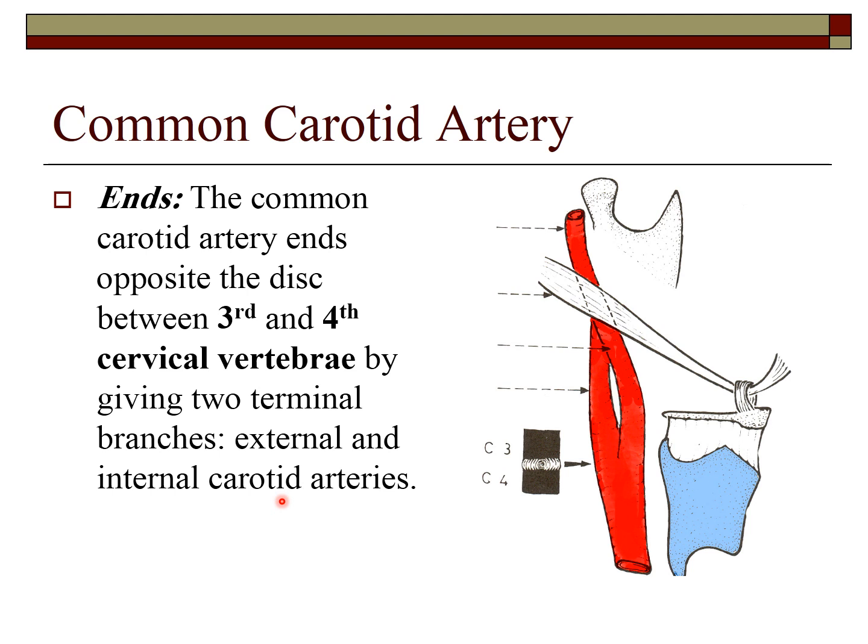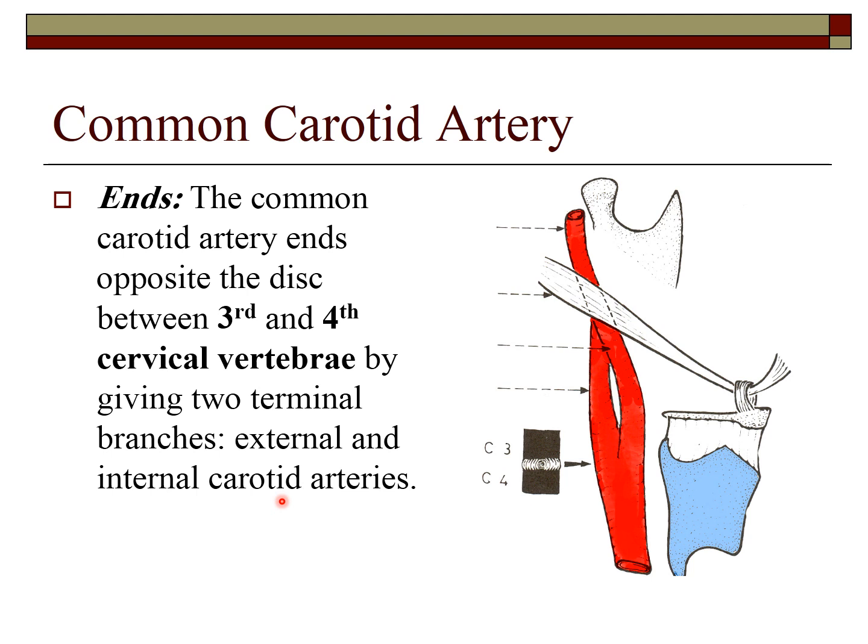So where does the common carotid artery begin? It begins on the right side from the brachiocephalic, and on the left side from the aortic arch. Where does it end? On both sides it ends at the same level.